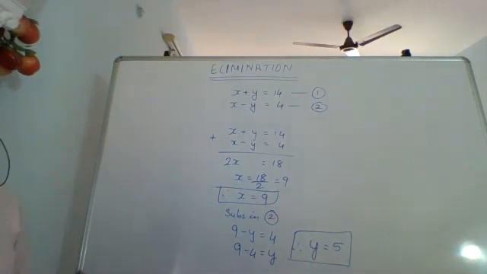If the digits of the number differ by 2, find the number, and second question, how many such numbers are there?